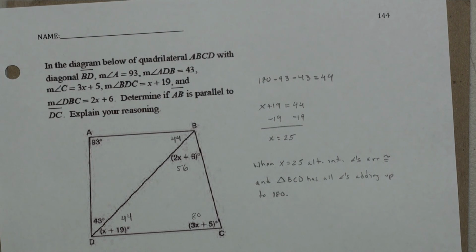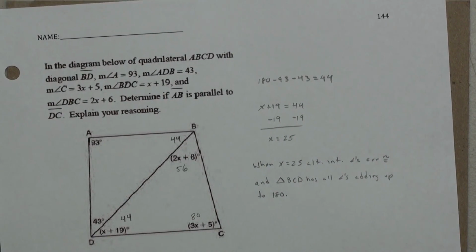Let's see. No, that's fine, because alternate interior angles are congruent. That's exactly what they put. So let's see, 145.